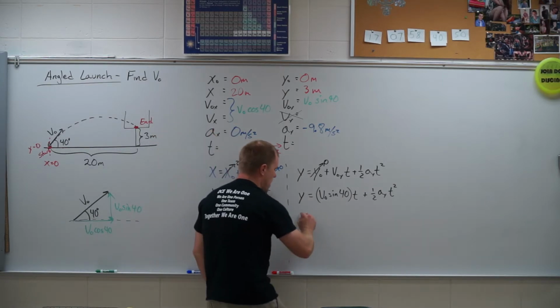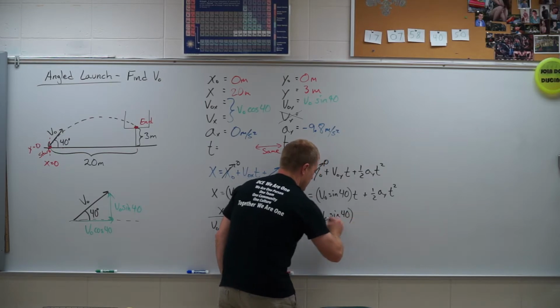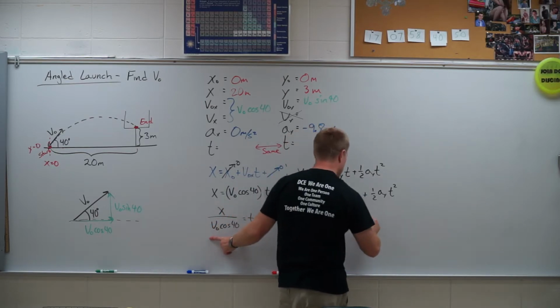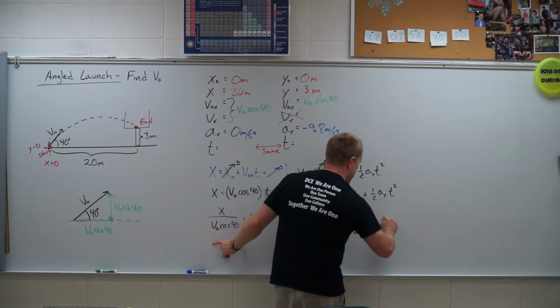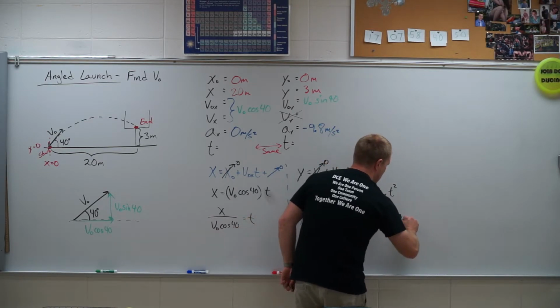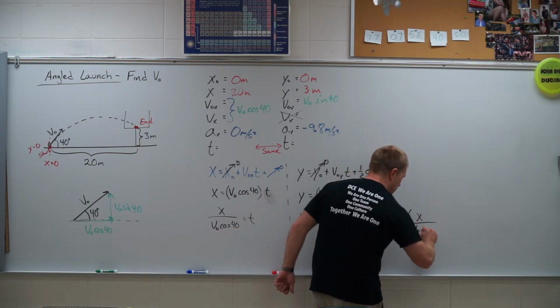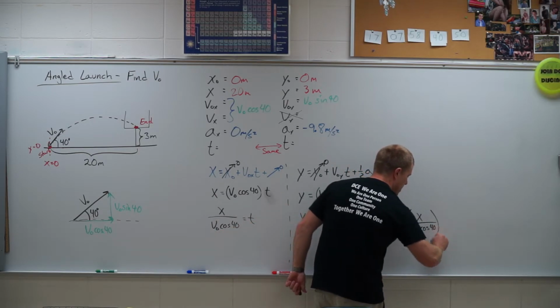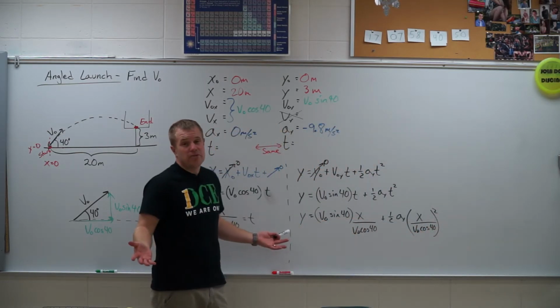I now have y is equal to v0 sine of 40 times time, which I get from over here. So it's x divided by v0 cosine of 40, plus 1/2 ay times t squared. So this thing's squared: x divided by v0 cosine of 40 squared. All I got to do is solve for v0.